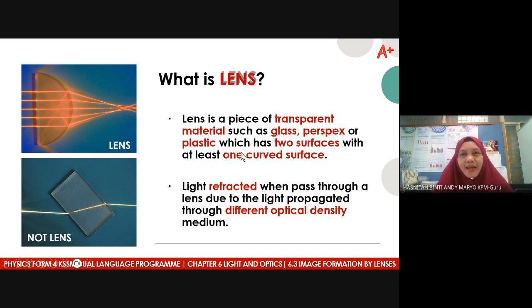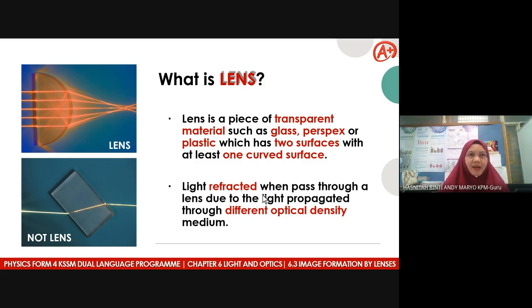How does a lens work, students? Generally, lenses work based on the phenomenon called refraction of light. When light passes through a lens, the light will be refracted, due to the light traveling into a different medium of different optical density.